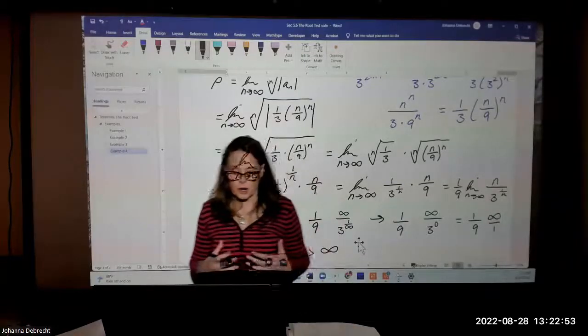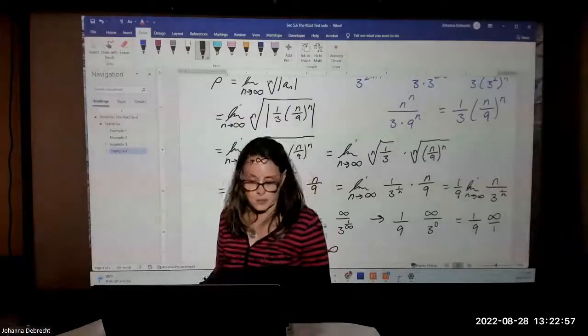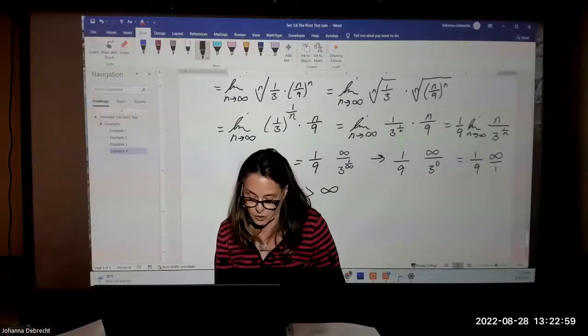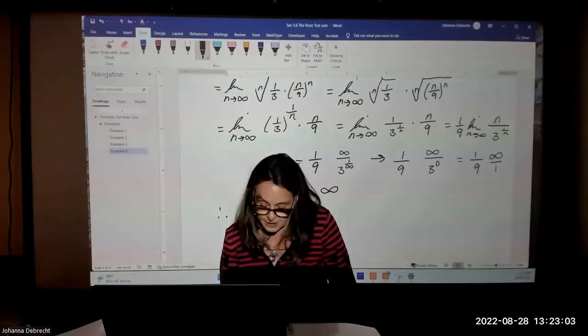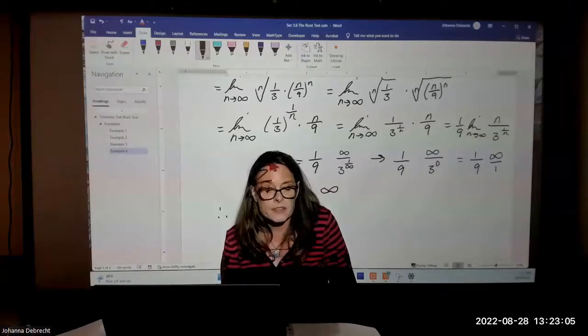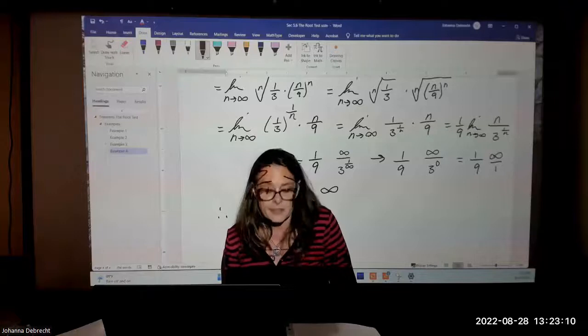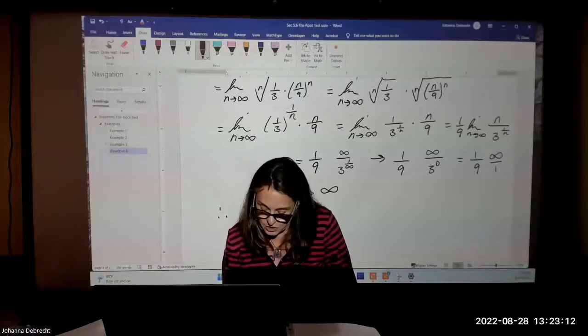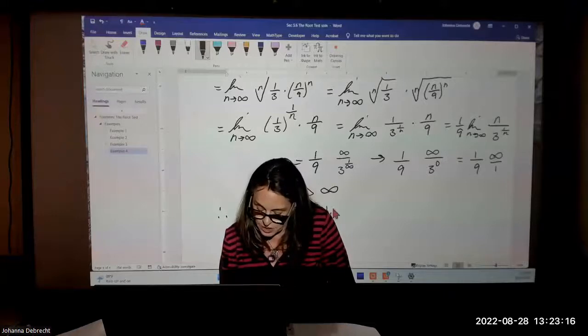And because rho is this infinite value, then we can say that the original series is going to diverge by the root test. Therefore, the infinite series from 1 to infinity of the tower function n to the n divided by the exponential function 3 to the 2n plus 1 diverges by the root test.